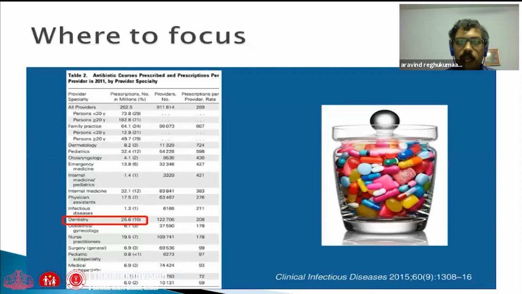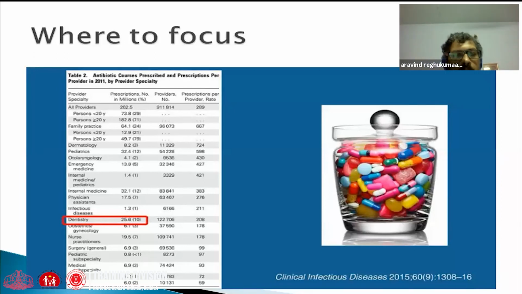So the question is, we have discussed the common situations where you can practice antibiotic stewardship in the OPD. We have discussed that now there are so many situations. Then where should we be focusing? So this is an article which came in CID. They looked at the antibiotic courses prescribed and prescriptions per provider in 2011.